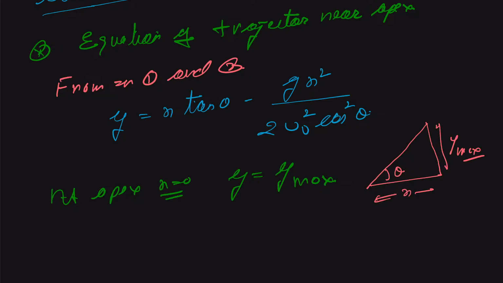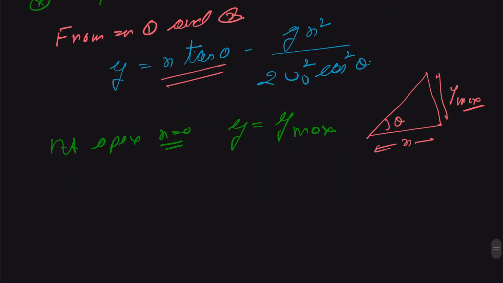Therefore, from here we can say that x tangent of theta is equal to y max, so in this place we can easily put our y max. Tangent of theta is perpendicular upon base, so we get y max upon x. So y max is equal to x tan of theta.